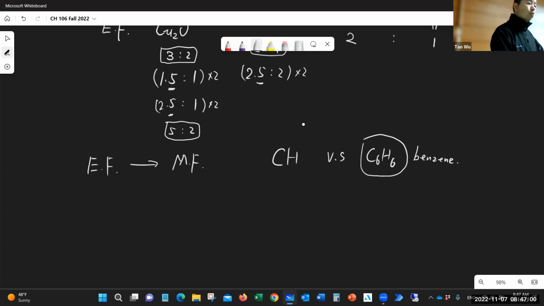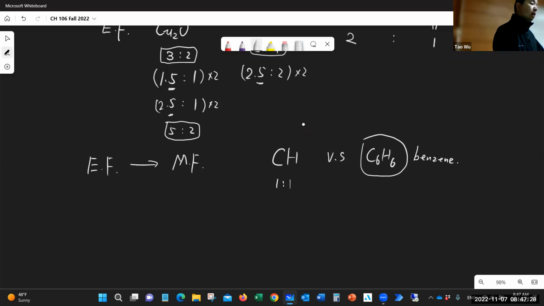If you look at the ratio between carbon and hydrogen, it is the same. This ratio is 1 versus 1, and this ratio is still 1 with 1, because 6 versus 6 is equal to 1 with 1. So the ratio between carbon and hydrogen is the same for the empirical formula and the molecular formula, but the molecular formula shows the numbers exactly in the molecule.